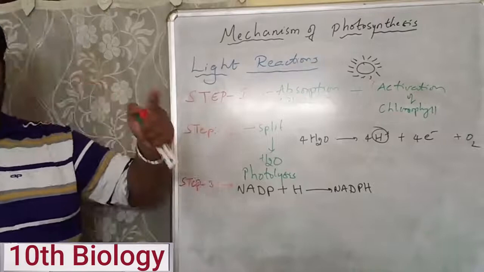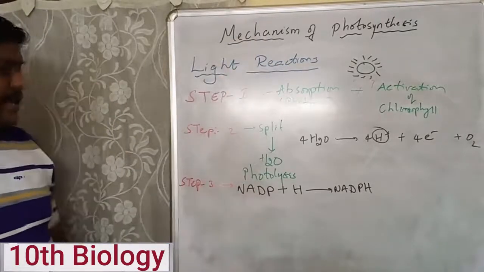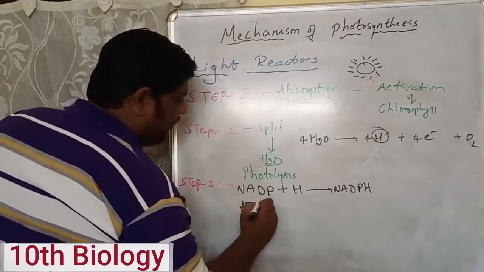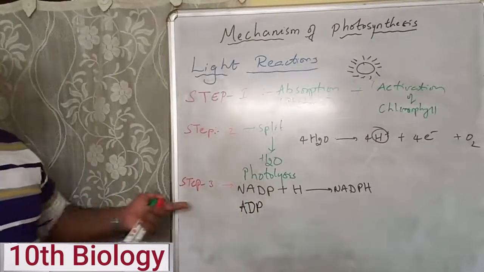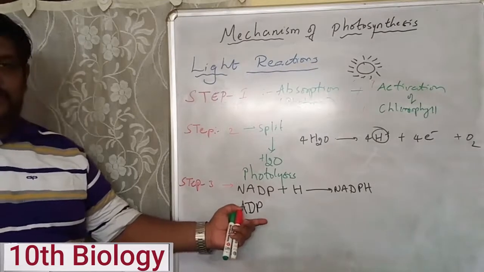So that's the reason why we are calling them dark reactions. There is no usage of light here. And the second compound which is present here is ATP. Another compound which is present here is ADP. This ADP is adenosine dinucleotide phosphate.